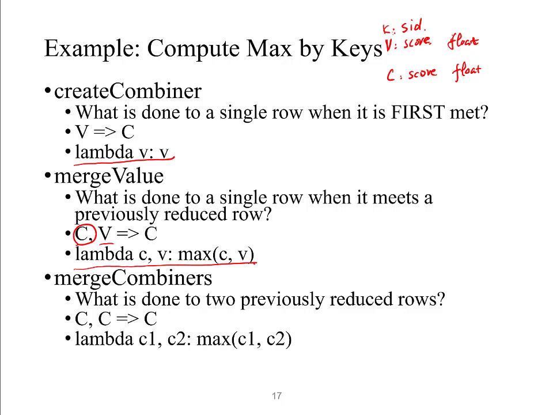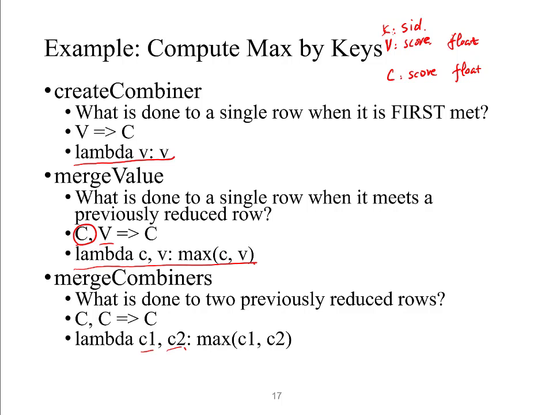So what is done for merge combiners? What is done to two previously reduced rows? So we have C1 and C2 from different partitions. They correspond to the same student, the same key, and we want to know the maximum value.